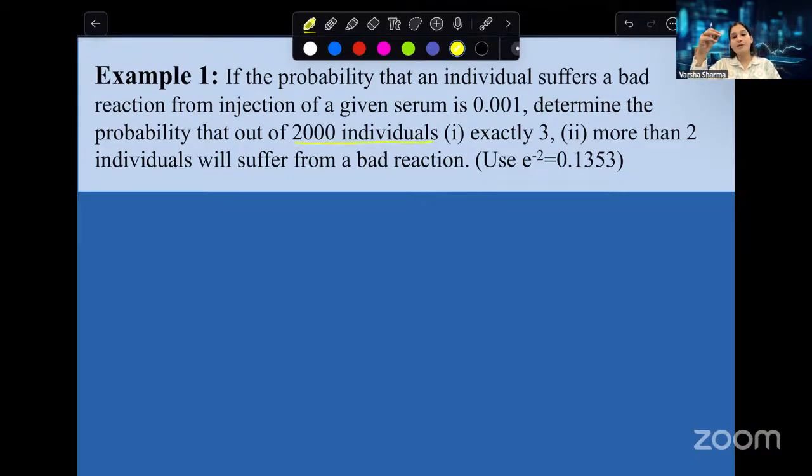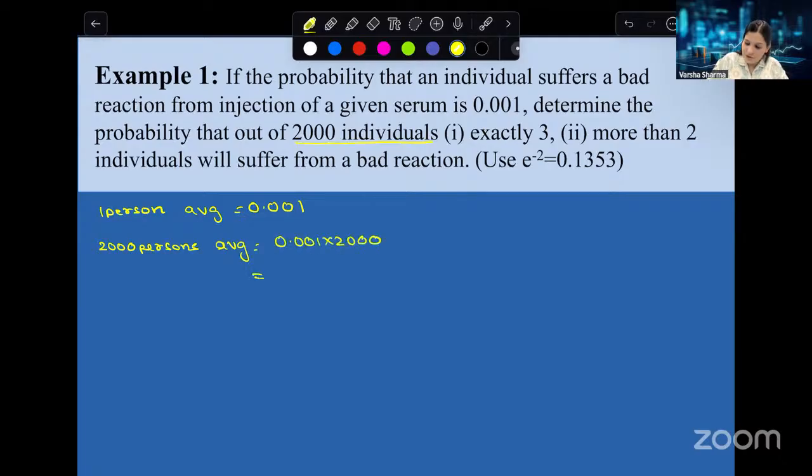Since I want to find the probability for 2000 individuals, I'll find lambda, the average for 2000 people. So 1 person, 0.001, 2000 will get multiplied. You can think in two ways. 1 person, average 0.001; 2000 persons, average 0.001 into 2000, which is 2.